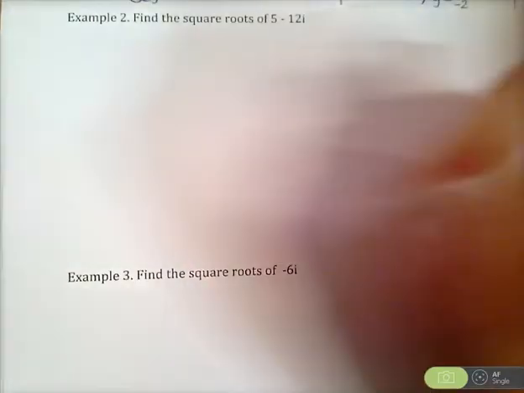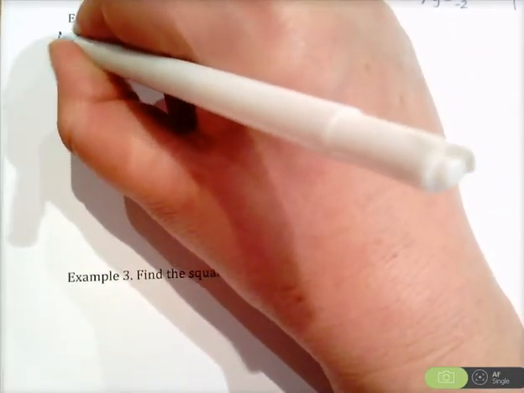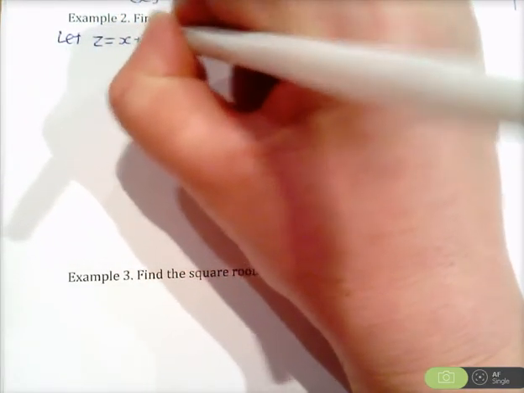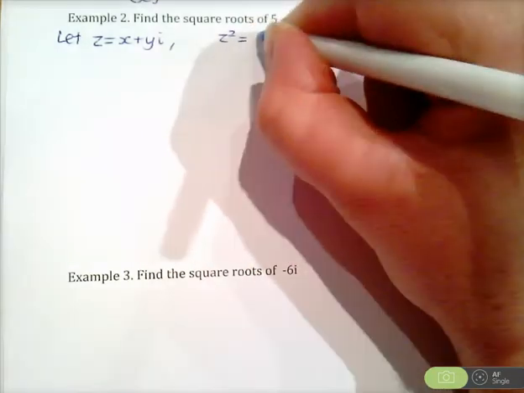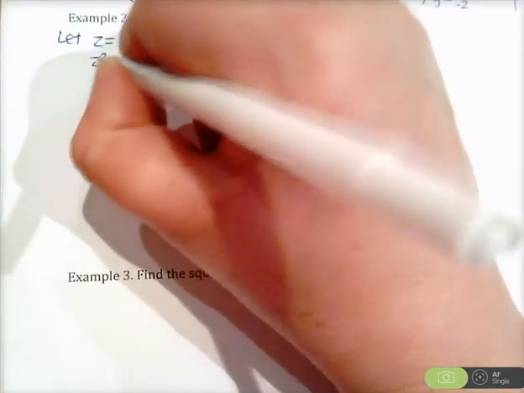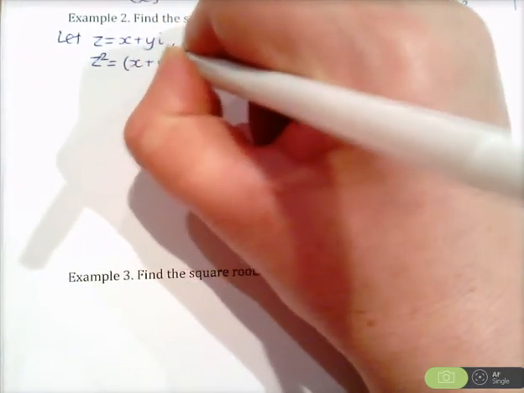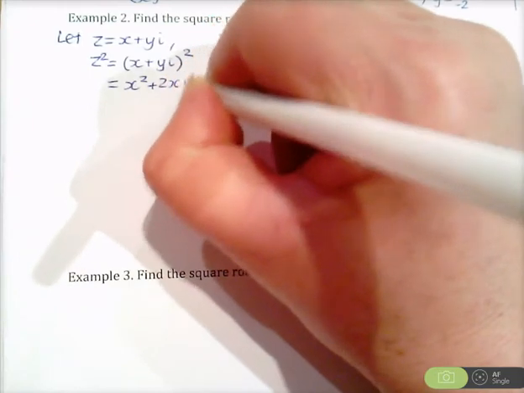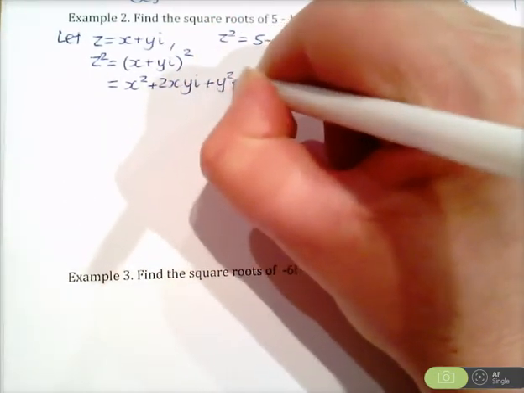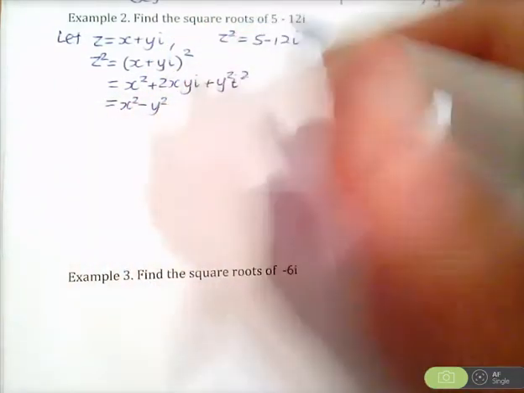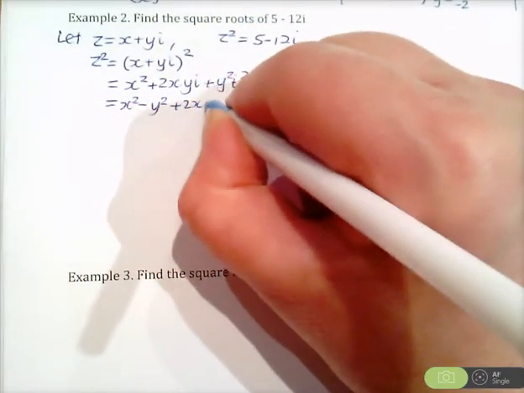Okay, once again, we let z equal x plus yi, and z squared equals 5 minus 12i. So therefore z squared here is (x plus yi) all squared, which is x squared plus 2xyi plus y squared i squared, which is x squared minus y squared plus 2xyi.